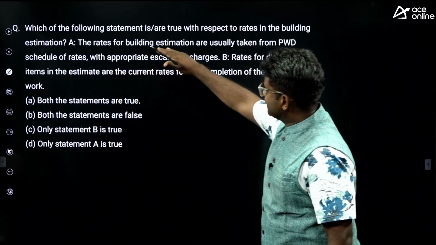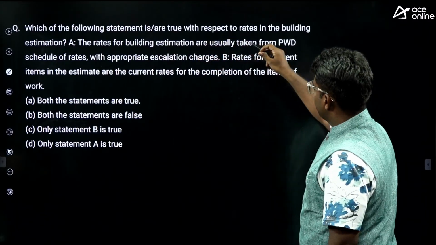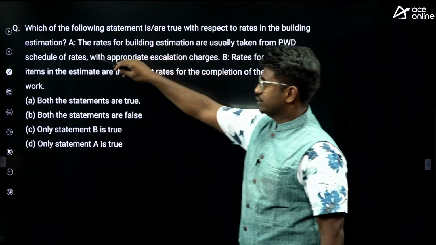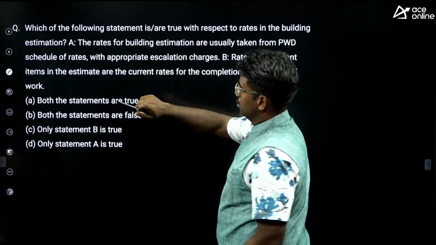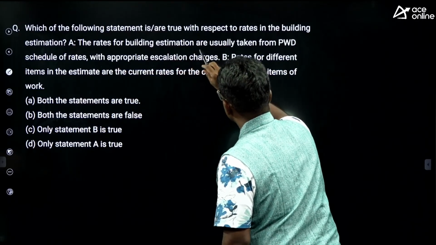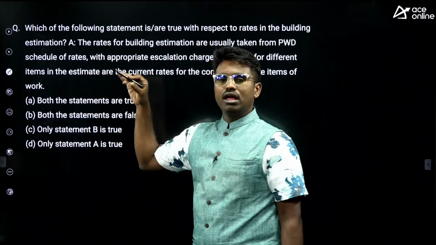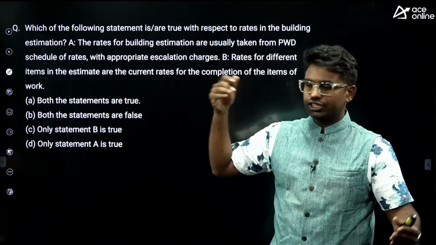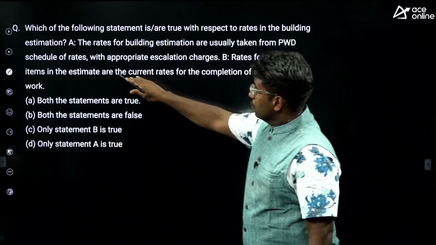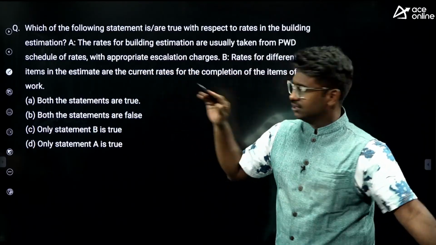Which of the following statements is true or are true with respect to rates in building estimation? Let's see the two things which are given. A: The rates of the building estimation are usually taken from the public works schedule of rates with approximate escalation charges. Yes.